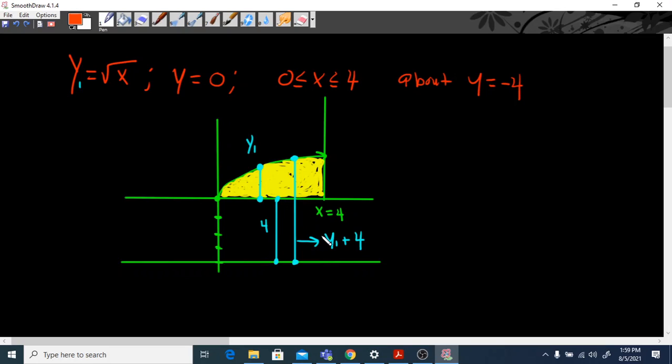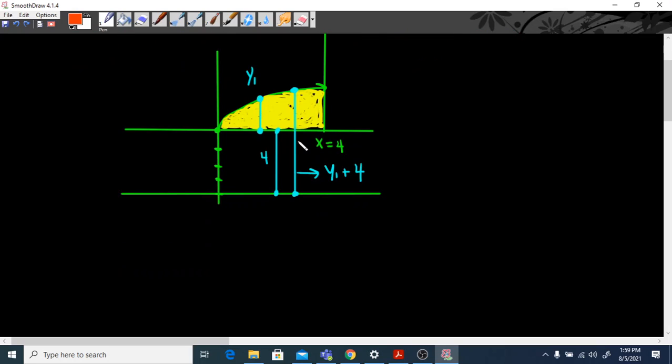All right. So once again, if we spin this around, it's going to be a washer situation. So the volume is going to be the integral from 0 to 4 of my area function. Now, we need to be very careful when we write down this area function.